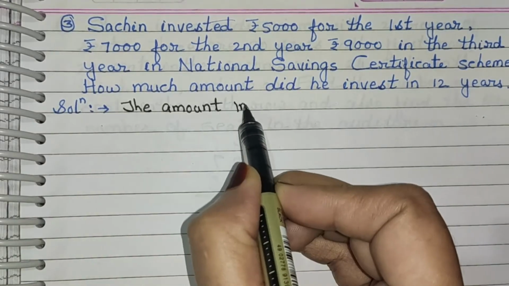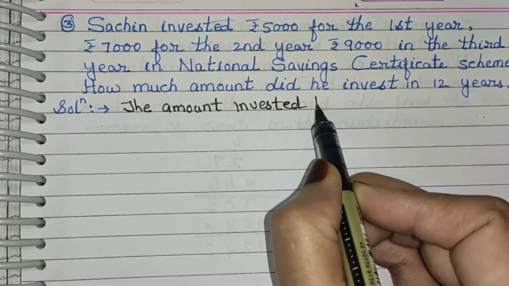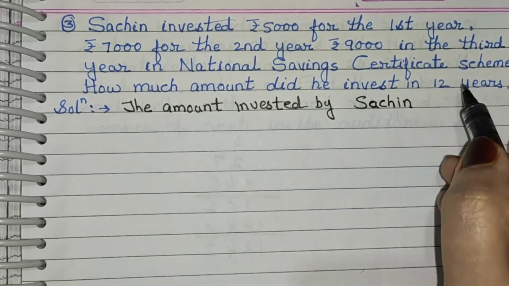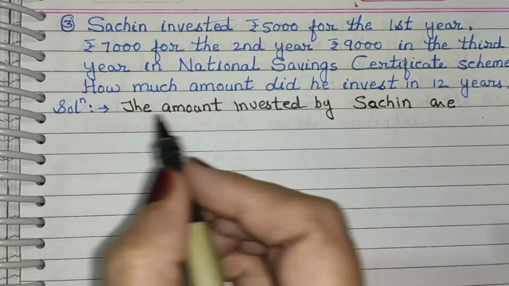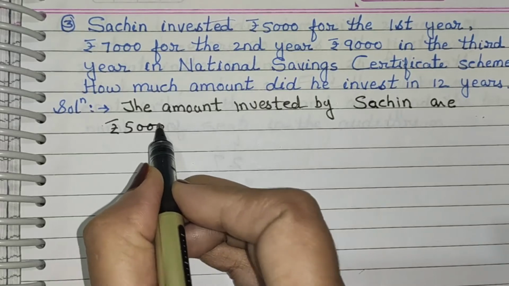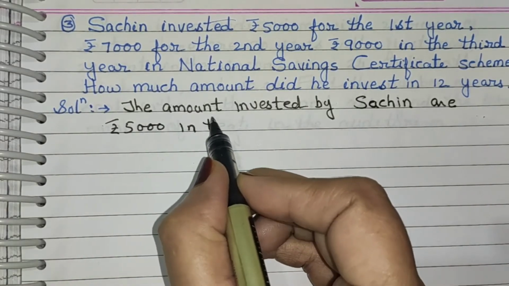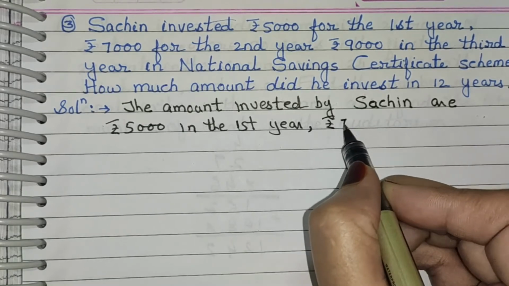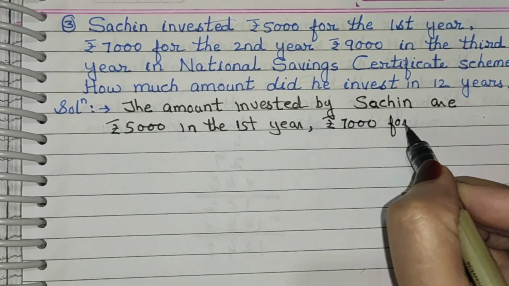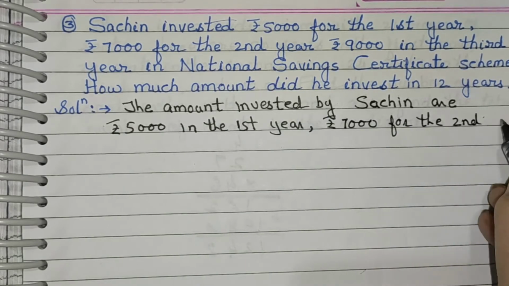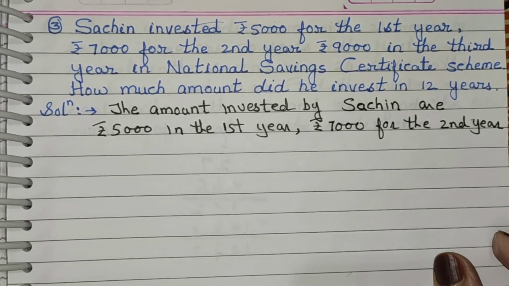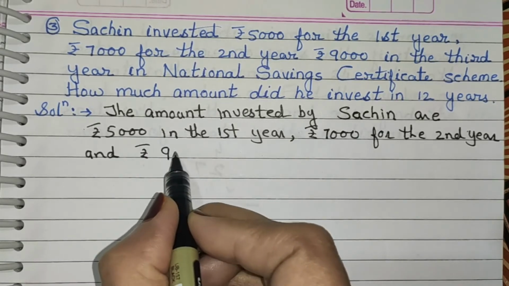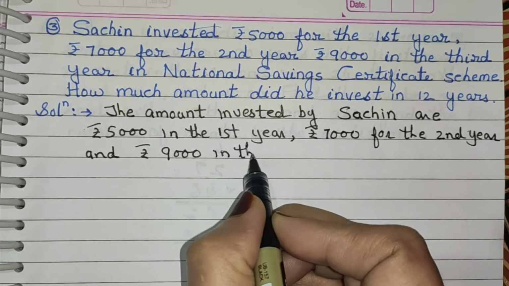The amount: rupees 5000 in first year, rupees 7000 for the second year, and rupees 9000 in the third year.